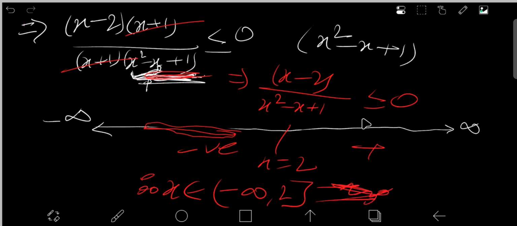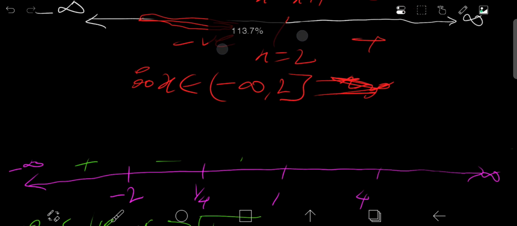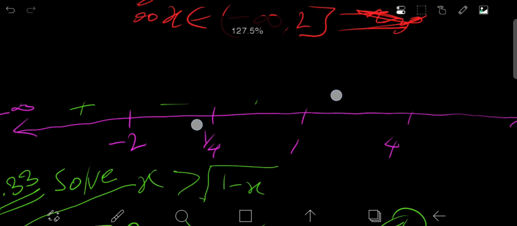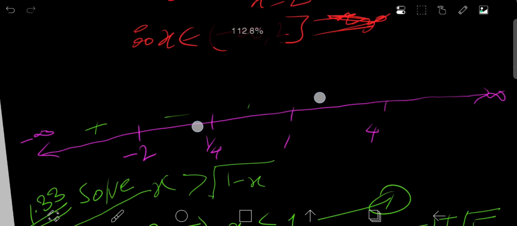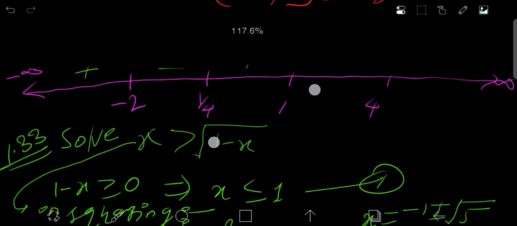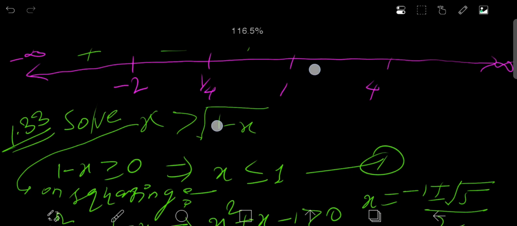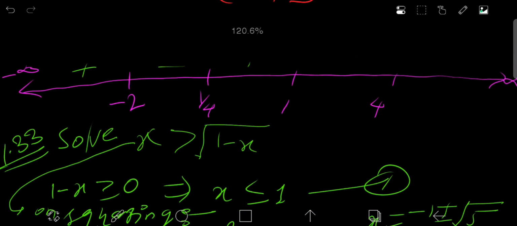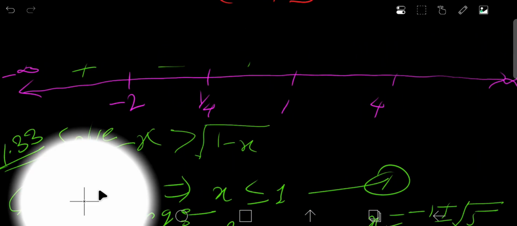Okay, now proceed to our next question, question number 1.35. Firstly clean this.